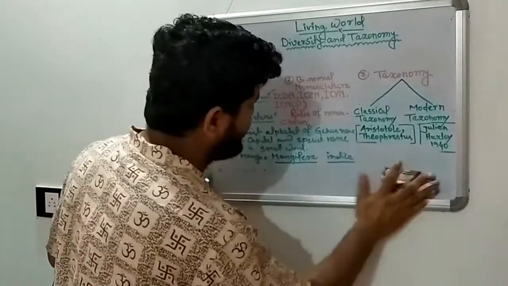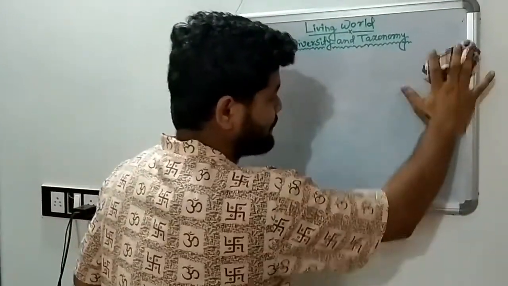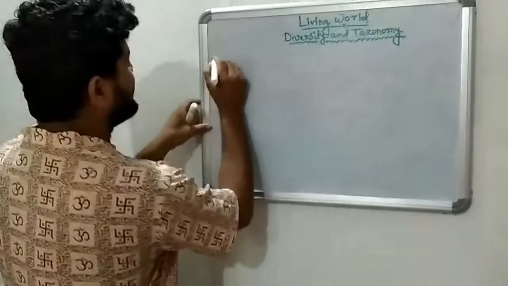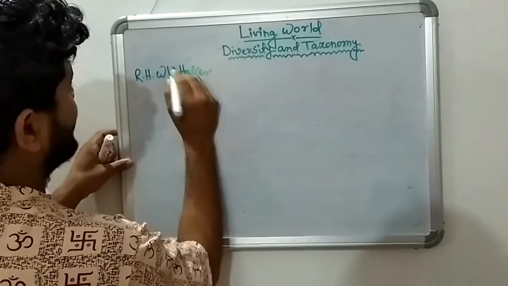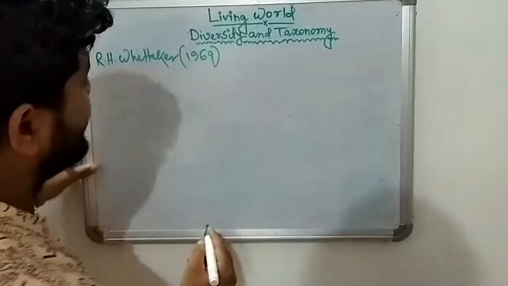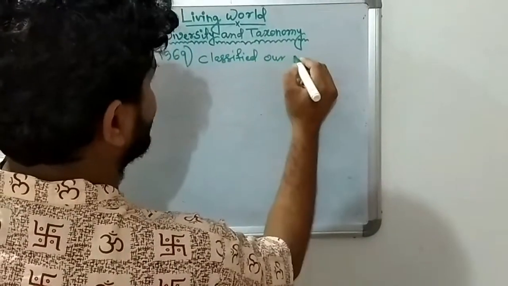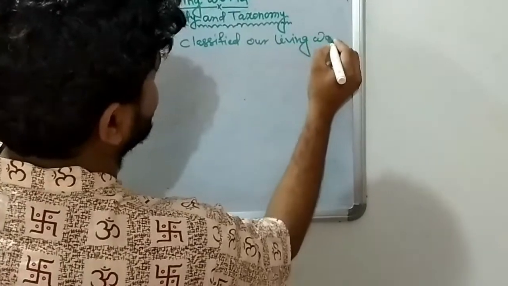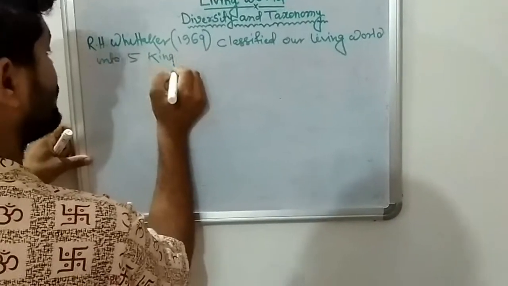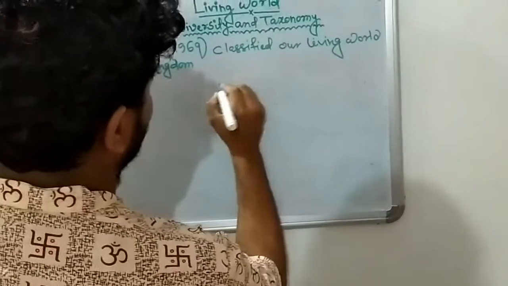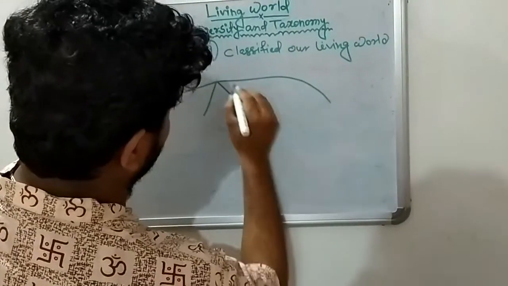Classification you have already studied in class 9. A little bit of which I will discuss here: the scientist R.H. Whittaker in 1969 classified our living world into 5 kingdoms.